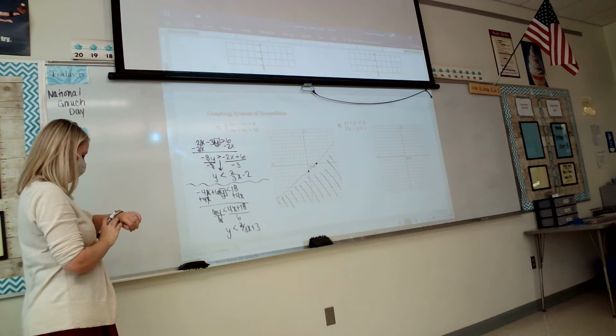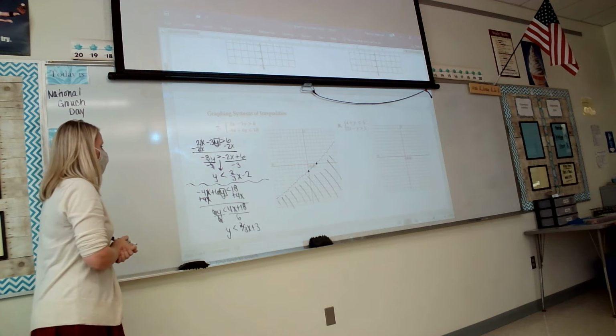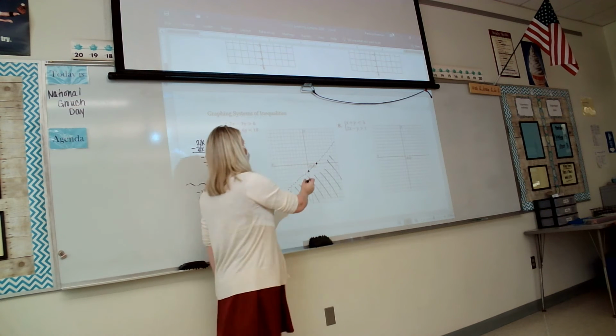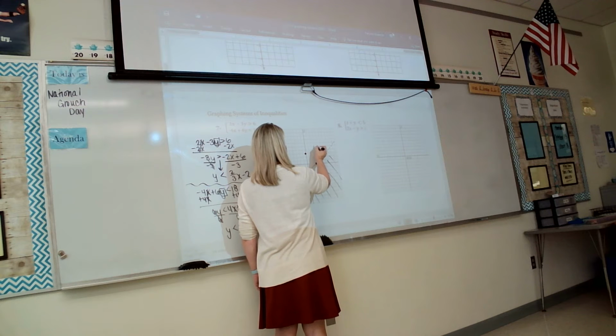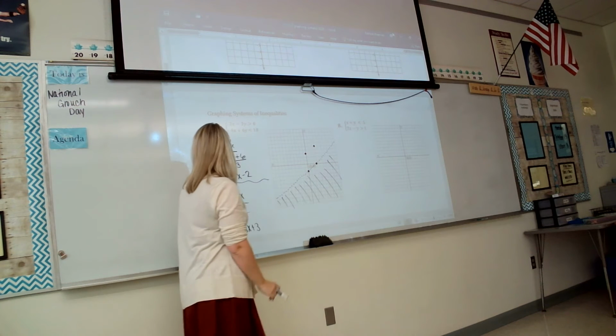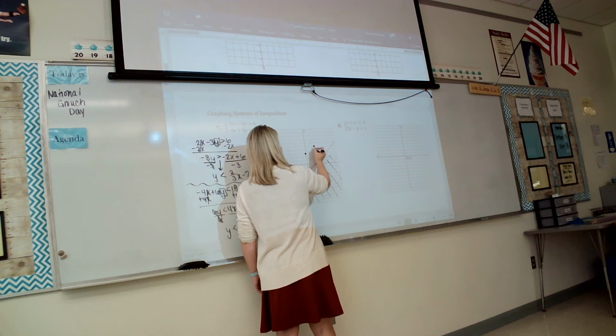Okay. So I'm going to go up to 3. I'm going to rise 2, run 3. This is also going to be a dotted line because there's no or equal to underneath.